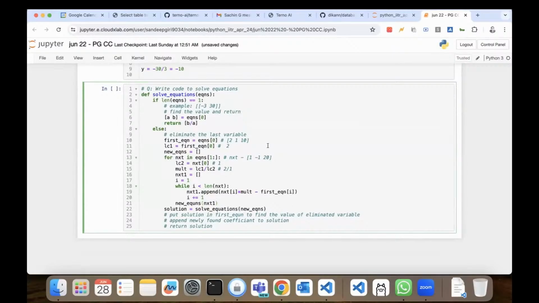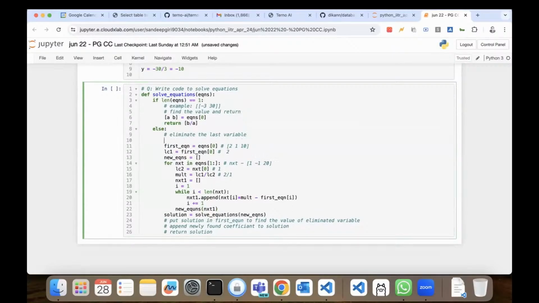So I'm reducing the n equations to n minus 1 equations. Okay. So if I have 100 equations, it will convert that into 99 equations. Isn't it?